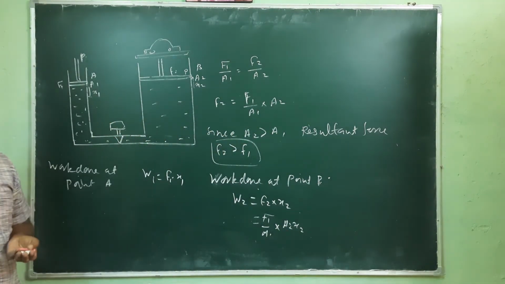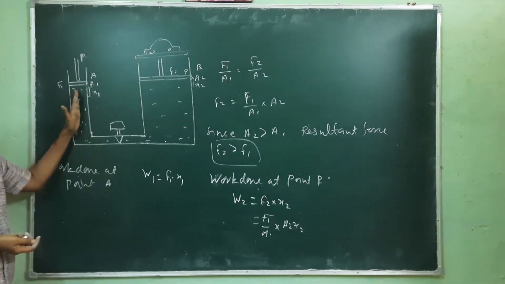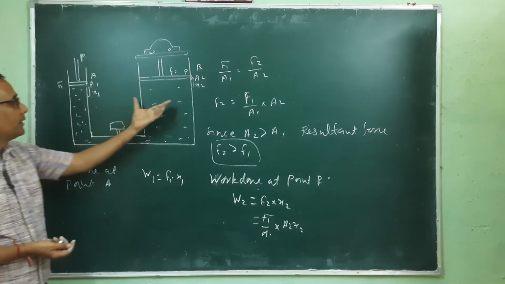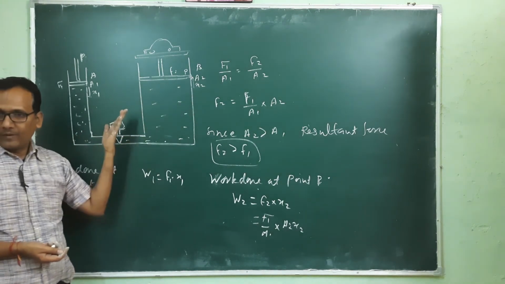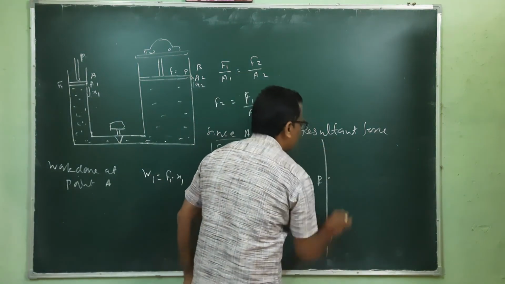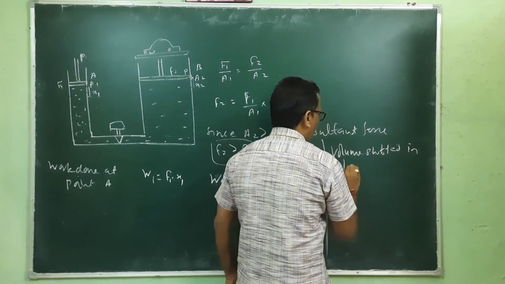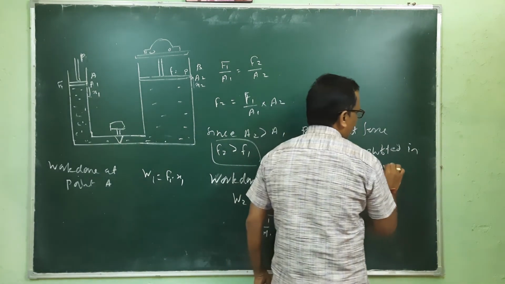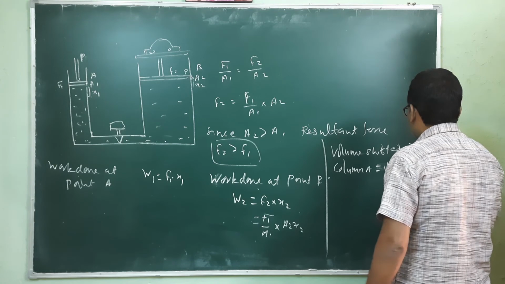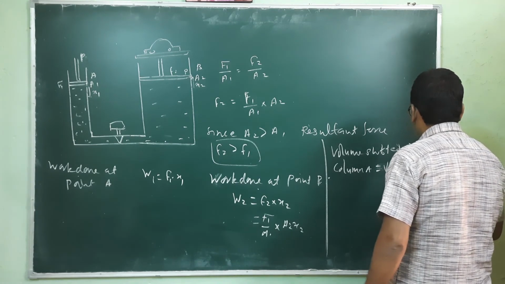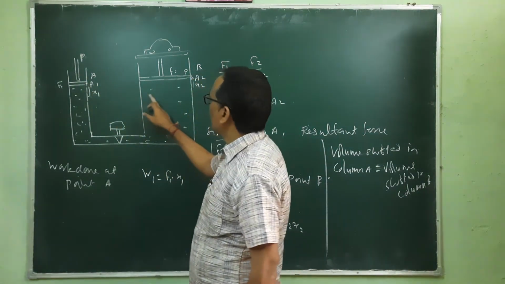Liquid is incompressible. So whatever volume shifts in the left column is equivalent to the volume shifted in the other column. The columns are different, so the volume shifted in column A is equal to the total volume shifted in column B. The volume shifted in this column is identical to the volume shifted in that column.